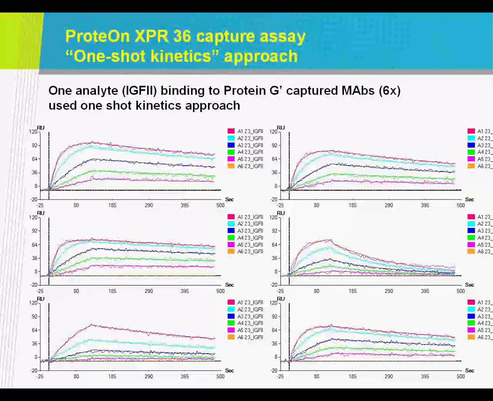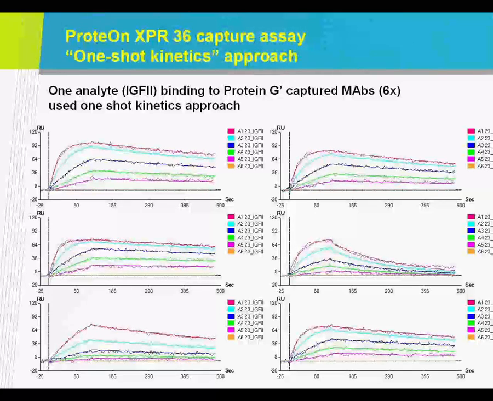Capture systems allow for oriented, homogeneous immobilization of proteins by capturing through Fc, therefore unobstructing the binding sites, and it's oriented in such a way that it's readily accessible for the antigen. One of the issues is that you need to generate a stable baseline. Once you capture your monoclonal, you need to have a very stable baseline.